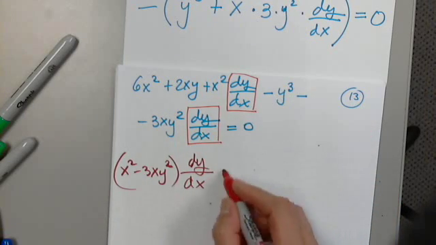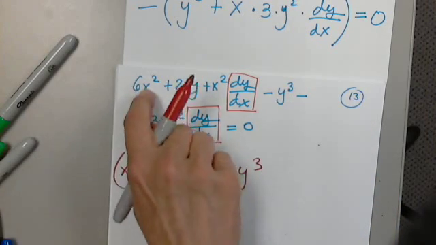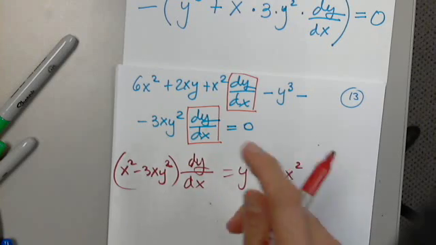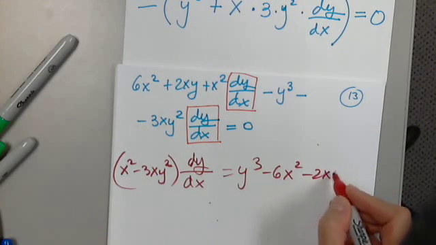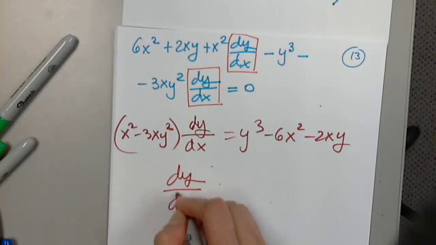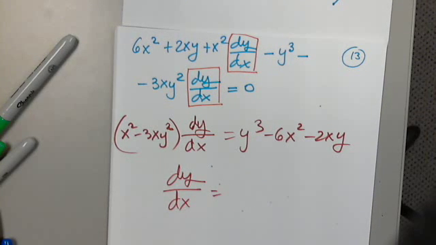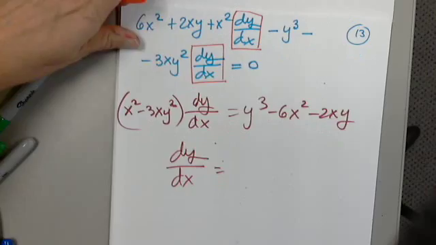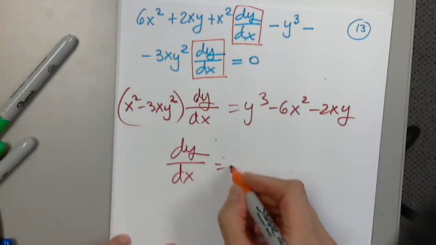This goes to the other side, it becomes positive. This goes to the other side, it becomes negative. This goes to the other side, it becomes negative. Final step, dy over dx. Can anyone dictate? Exactly. This divided by this.